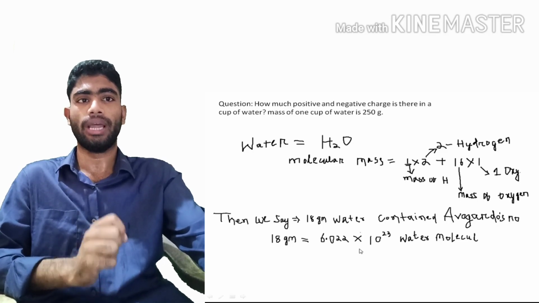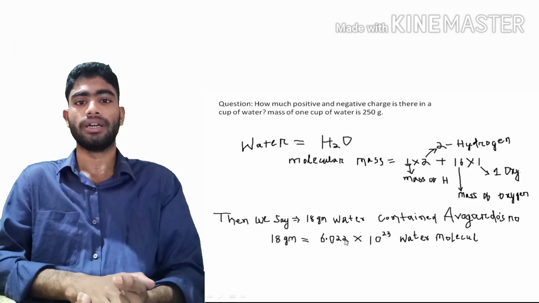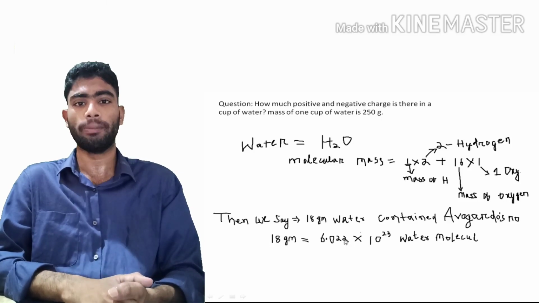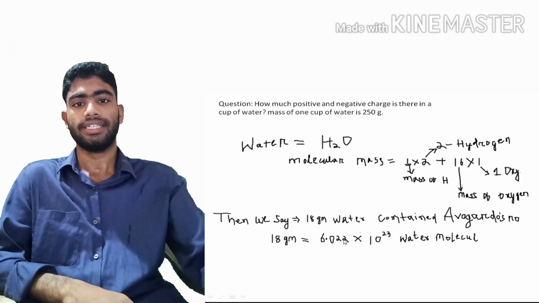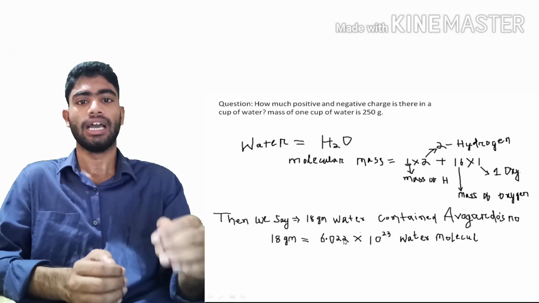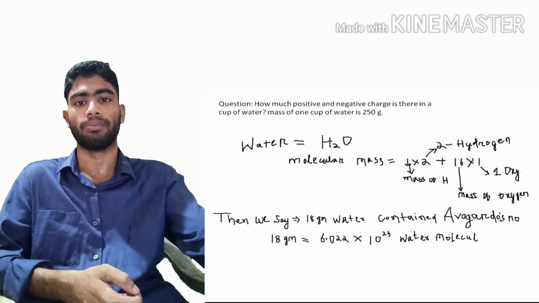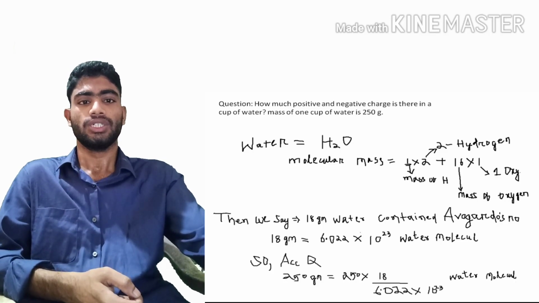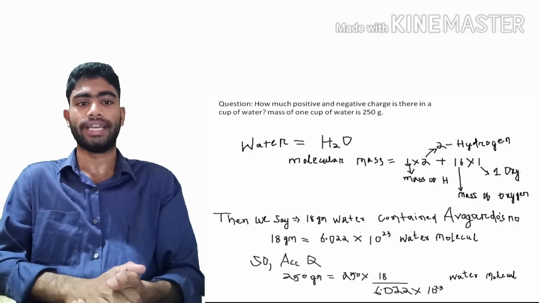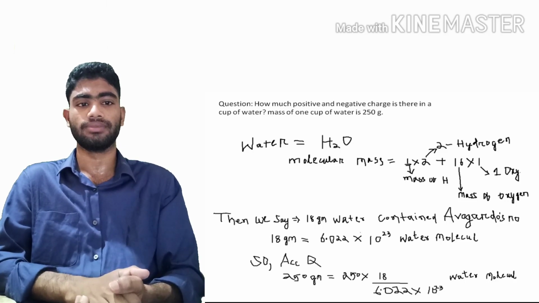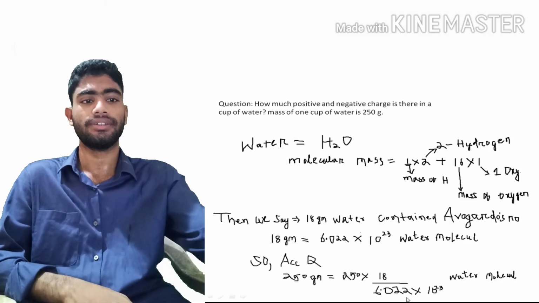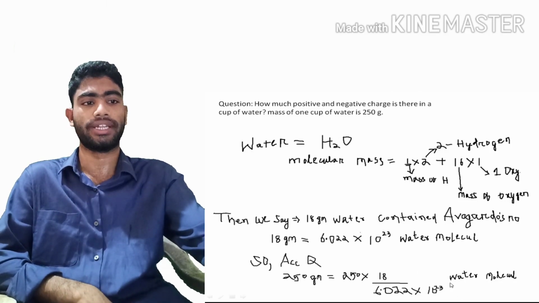Then we have to calculate the total number of atoms present in 250 gram of water. Then only we can calculate how many electrons, protons, and positive charge are present in 1 cup of water. According to the question, 250 gram equal to 250 into 6.022 into 10 to the power 23 by 18 water molecules.